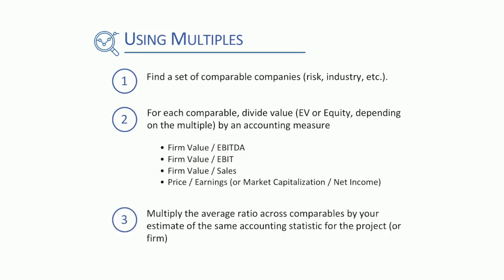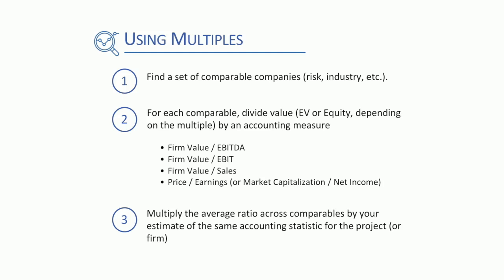Now, usually we do this for many firms rather than just one, as I just did. We want to do this across many, many firms so that those ratios are reliable. And then I may have a pretty good estimate for the value of my own firm.